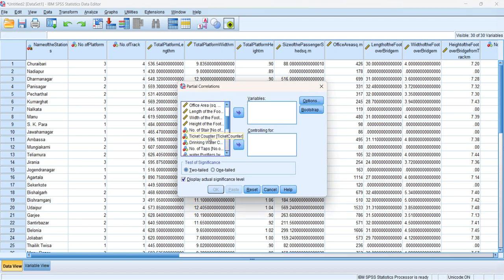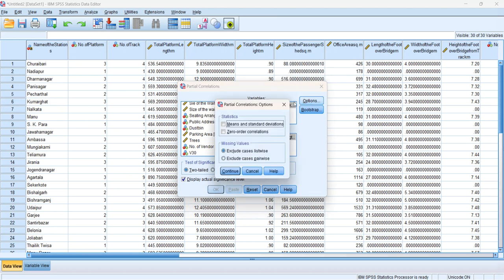Suppose your ticket counter might depend on the length of the platform, and might depend on other factors also. There is no passenger data set actually. So for the controlling factor, I just choose one controlling factor.